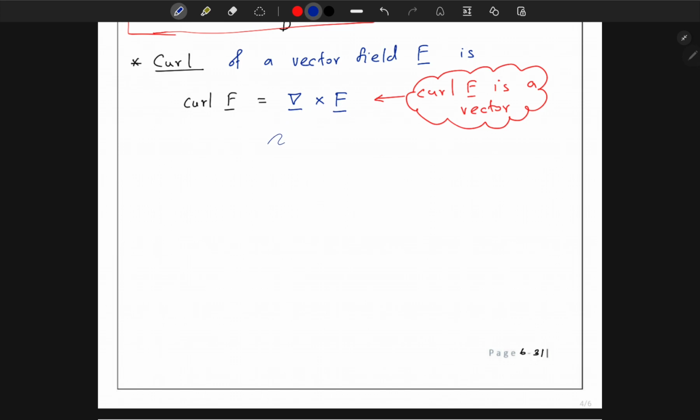Okay, so the cross product can be calculated using the determinant of a matrix, which is the i-th component is ∂R/∂y minus ∂Q/∂z.